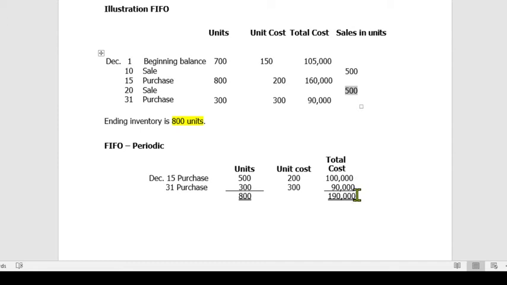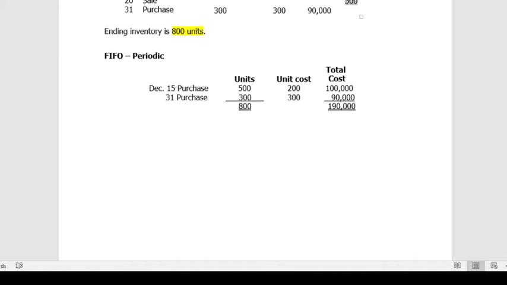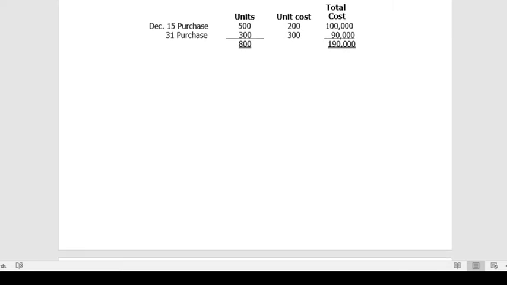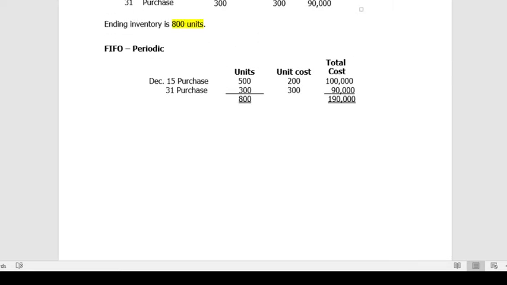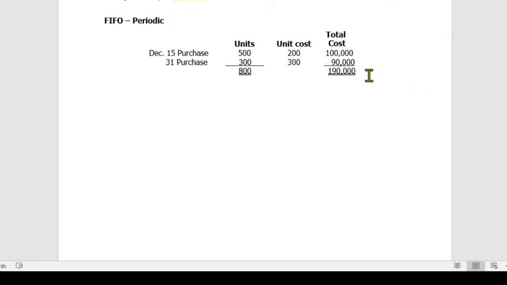So this is 190,000. So 190,000 is the cost of the ending inventory to be reflected. So ito yung i-reflect mo sa yung financial statement.